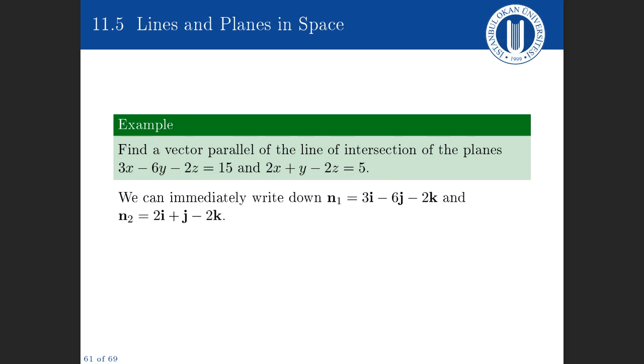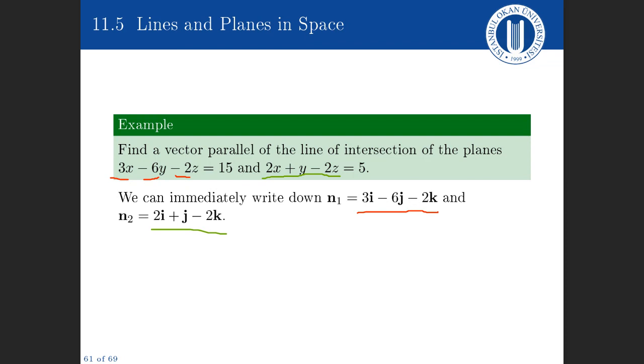The first part is easy, just copy the numbers. From the first plane, the numbers are 3, minus 6, and minus 2. So the first normal vector must be 3i minus 6j minus 2k. And then again, for the second plane, the numbers are 2, 1, and minus 2. So our second normal vector must be 2i plus j minus 2k.